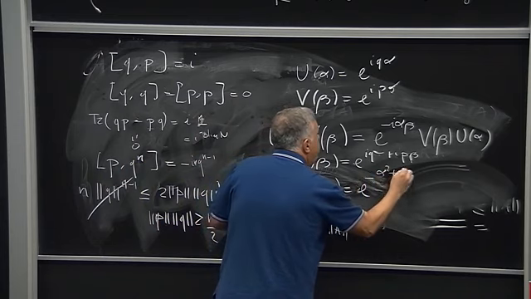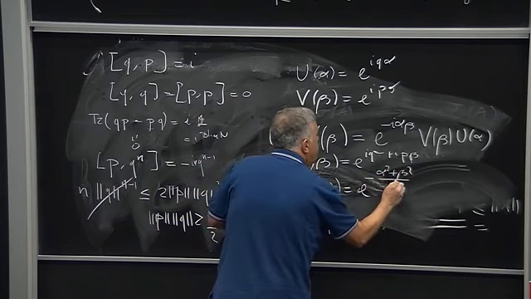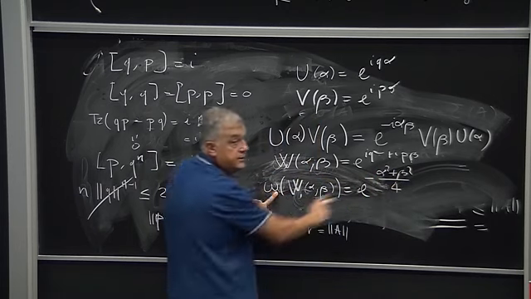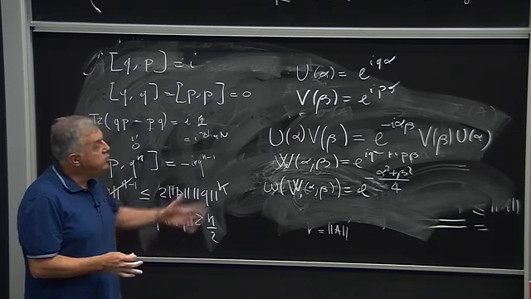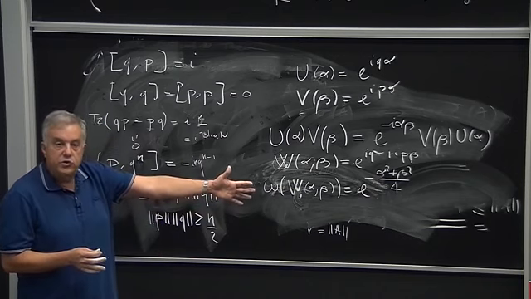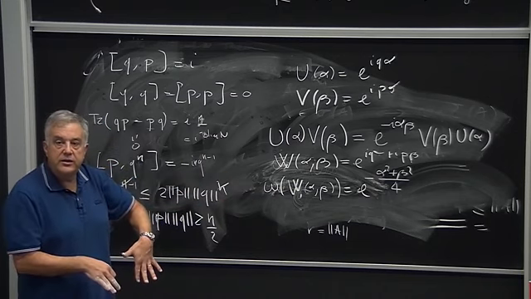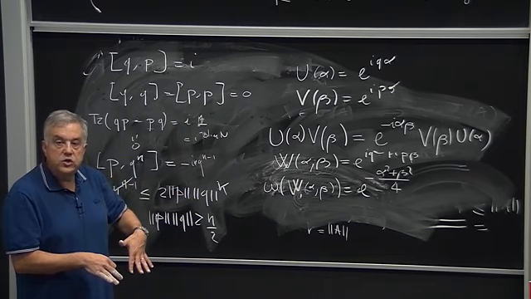The expectation value of such an object is this. Once you do this, you can go through the GNS construction and construct the representation.